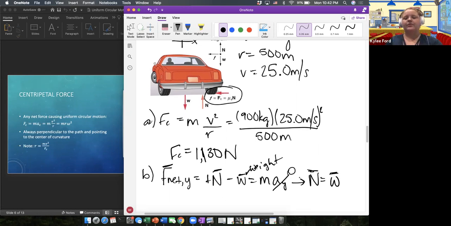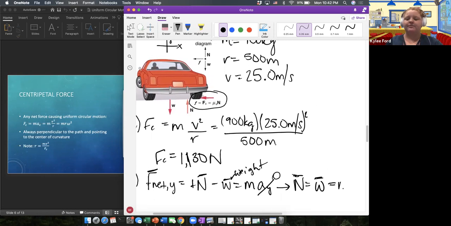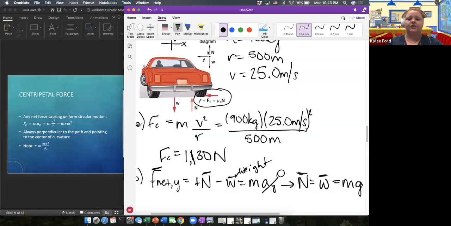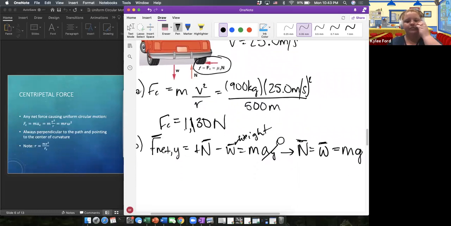All right, so now I know this, which is just going to be m times gravity, mass times gravity. Now my frictional force, I can just straight try to solve for that, right? So my frictional force is equal to my centripetal force, or equal to my static coefficient times my normal force.